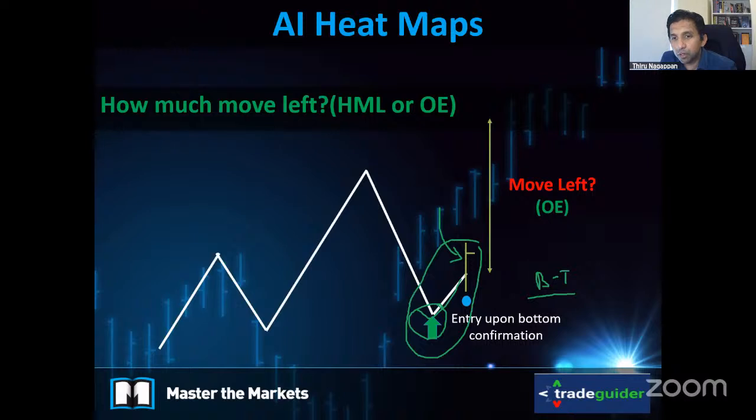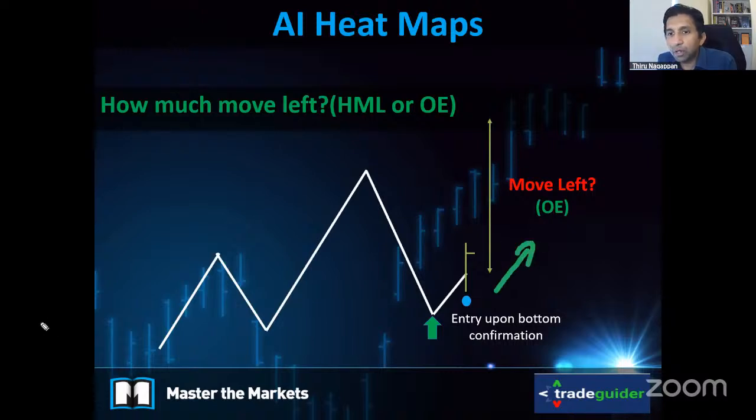So that you get some conviction that after this bar, there's still some move left, rather than entering without knowing if the bottom has been confirmed and then it comes against you. So you need some kind of structure or probabilities to tell you that there is move left, and to give you the confidence to stick to the trade even when it goes against you.